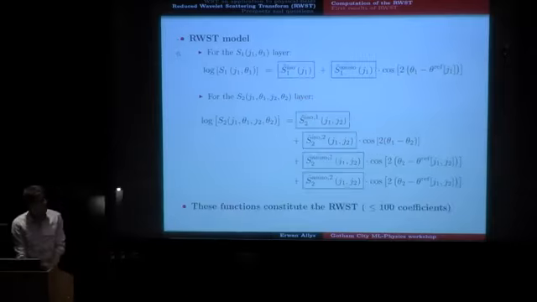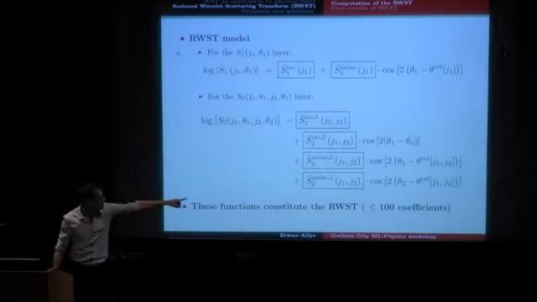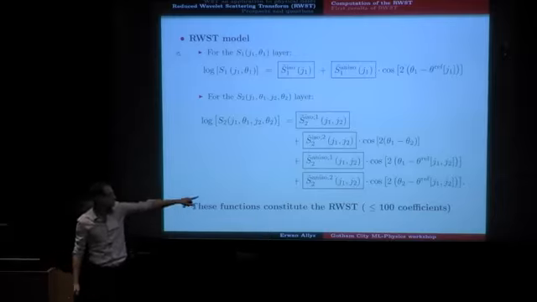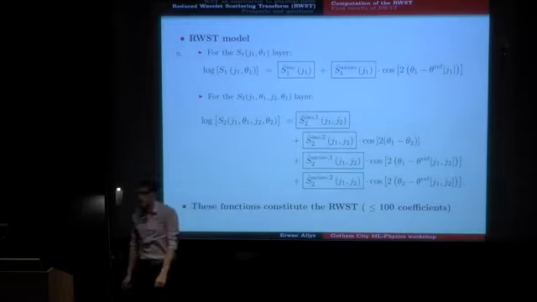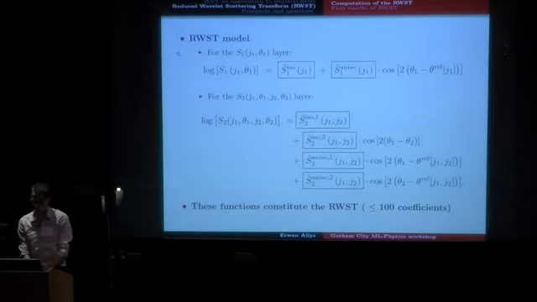So we arrived at a few functions. Actually, you have also the angle, but it was not very good if I put boxes on them on this slide. And all these functions are what is called the reduced wavelet scattering transform, RWST.